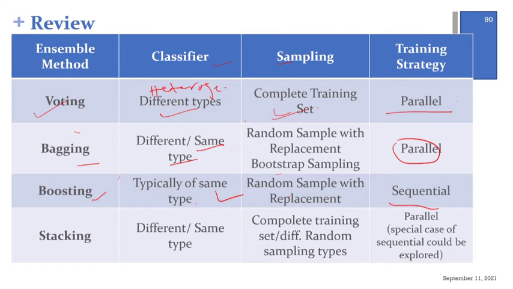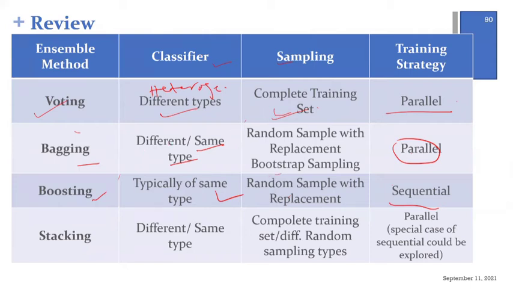It is those samples that you have to focus on more in the next classifier. And that is why boosting will make a very weak learner become very strong, because you keep exposing that classifier to those samples it could not classify in the previous stage. So at some point, it will understand all the data samples appropriately. This is why typically it is using the same classifier. But however, using different ones is not an impossibility.